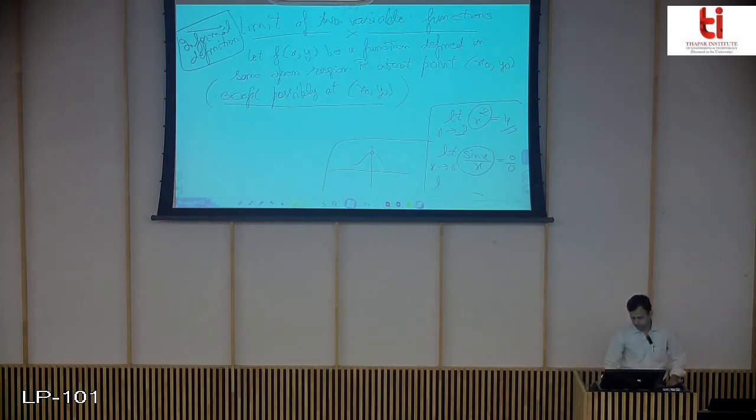So using the concept of limit, however, you write that sin x upon x equals 1. So that is the beauty of taking the limits, and it comes for the points where the function was not defined.